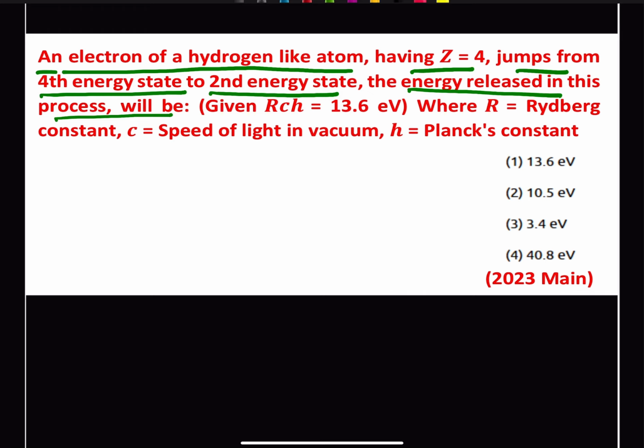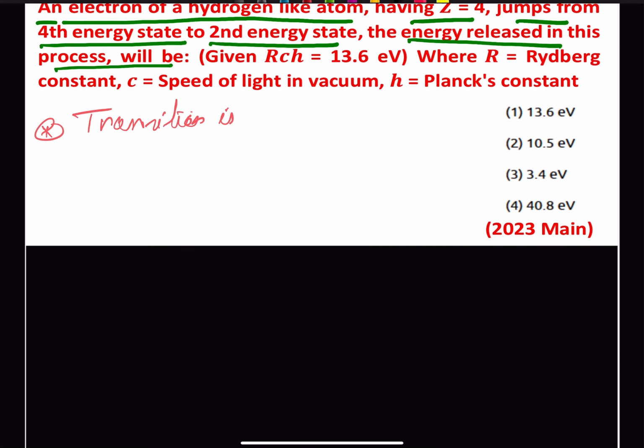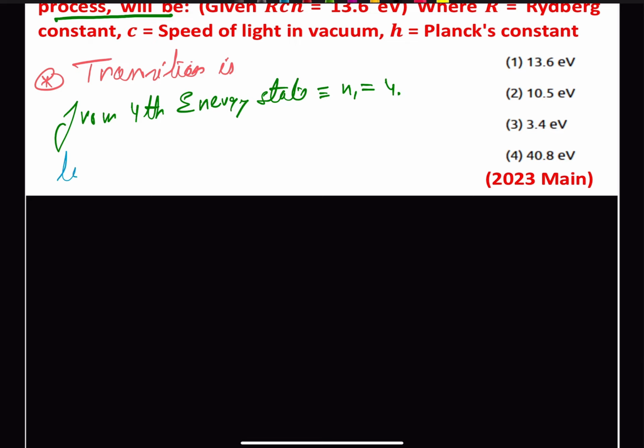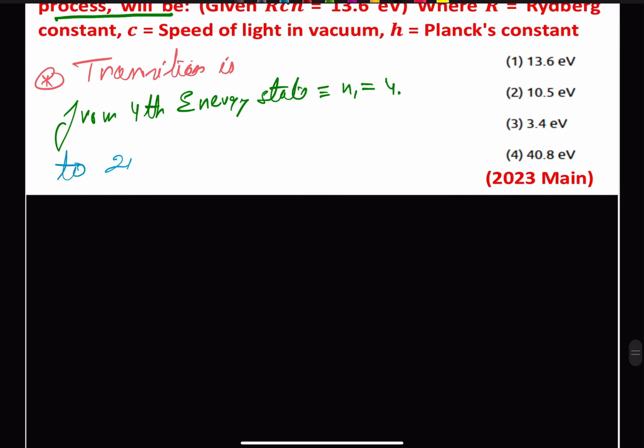So we are given that the transition is from the fourth energy state, so it means this will be our initial, that is n1 will be 4, and it is the second energy state, which gives us the final, that is n2 is equal to 2.